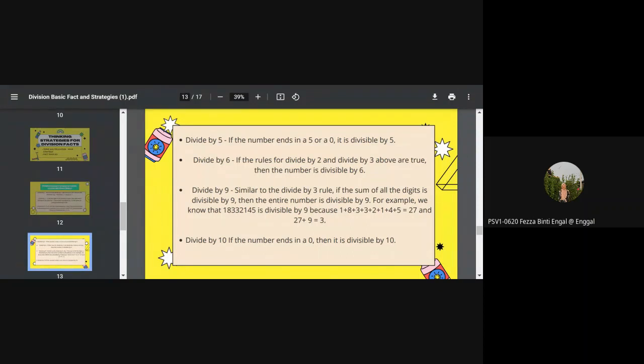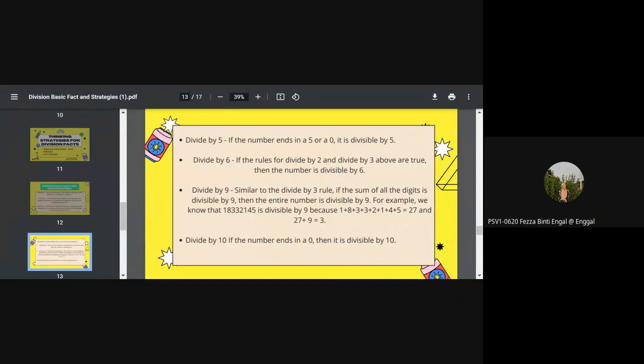For example, we know that the number 183322145 is divisible by 9 because if we add all the digits, which is 1 plus 8 plus 3 plus 3 plus 2 plus 1 plus 4 plus 5, it equals 27, and 27 is divisible by 9, which equals 3.